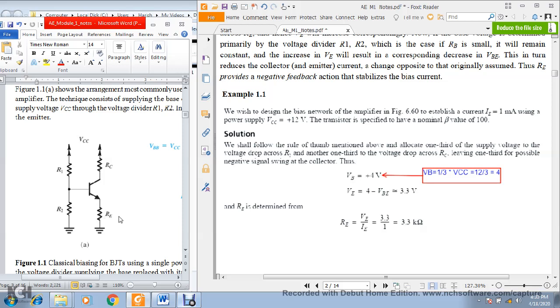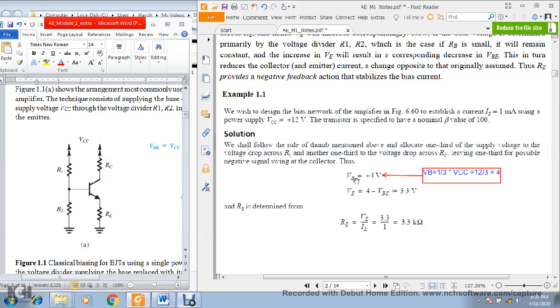First, let's calculate RE. In order to find the RE value, you should know the voltage across this resistor and the current flowing through it, that is VE at this point, and IE. IE is given, it is 1 milliampere, but VE we don't know. VE is VB minus VBE, but I don't know VB, so VB needs to be calculated first.